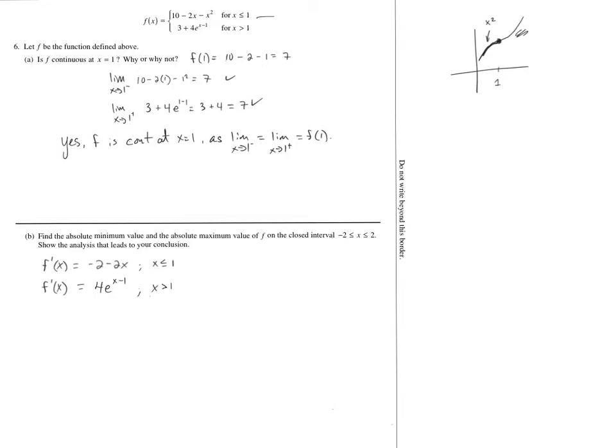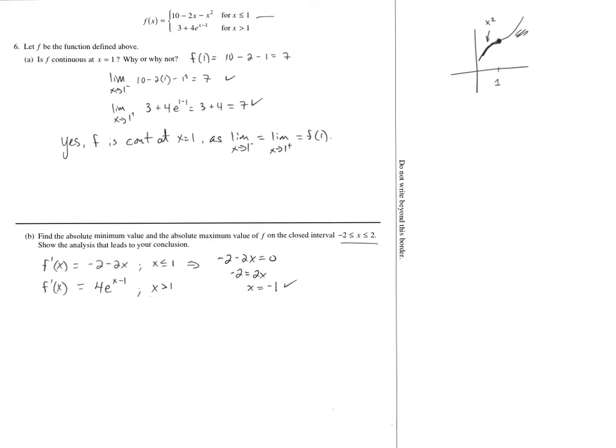So we want to check and see where the derivative is equal to 0. Well, this first guy, -2 minus 2x, is equal to 0 if -2 equals 2x, which means x equals -1. That's on our interval, so that's a good number to know.